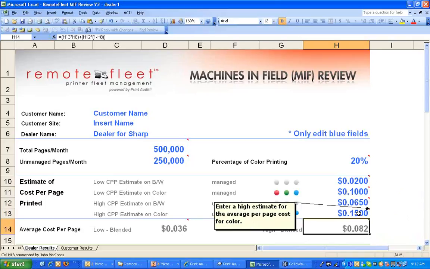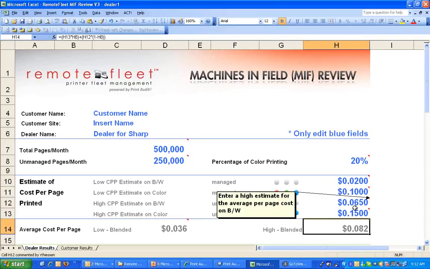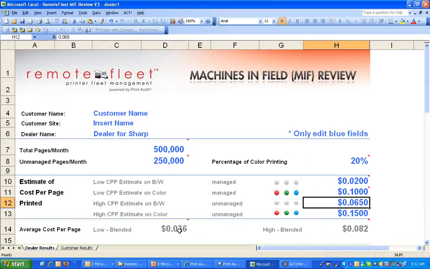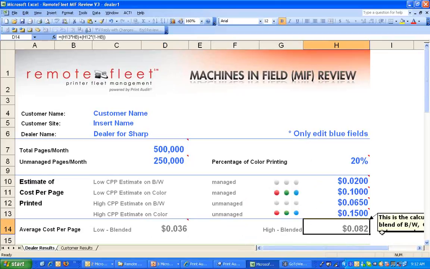So what I'm doing there is giving a general average cost per page between the relatively lower cost managed printers in the environment, both color and black and white, and then the relatively higher cost unmanaged printers, both color and black and white. And what we're left with is a low blended cost of roughly 3.5 cents versus a high blended cost of just over 8 cents per page.